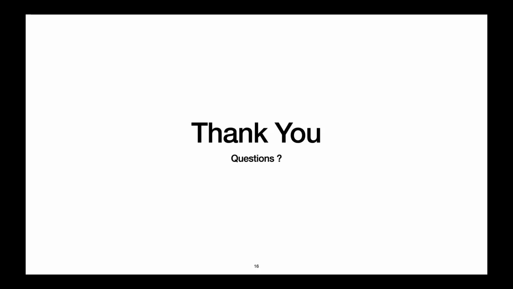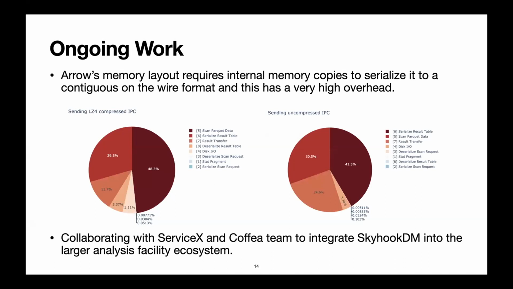There we go. Okay. Really nice talk. Thanks. Sounds like an incredible amount of work. I had a quick question. I think it was actually on your second to last slide where you were talking about Arrow's memory layout and how this was causing some performance issues.